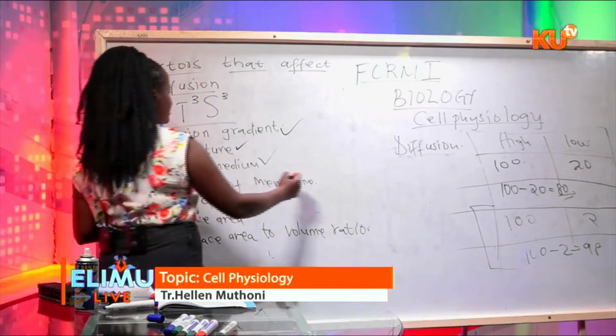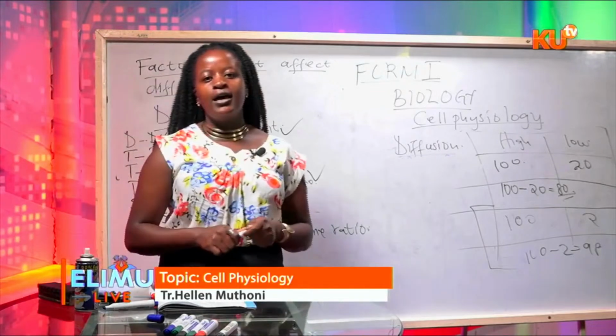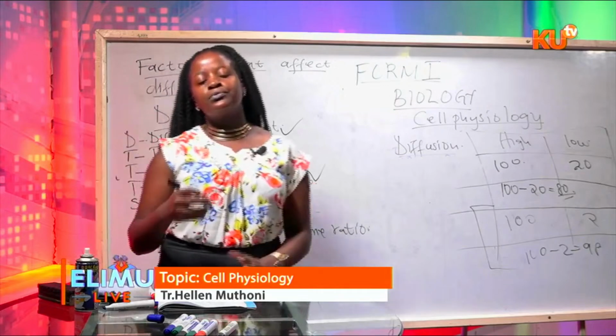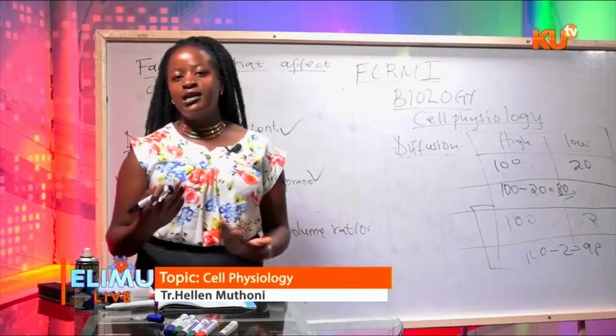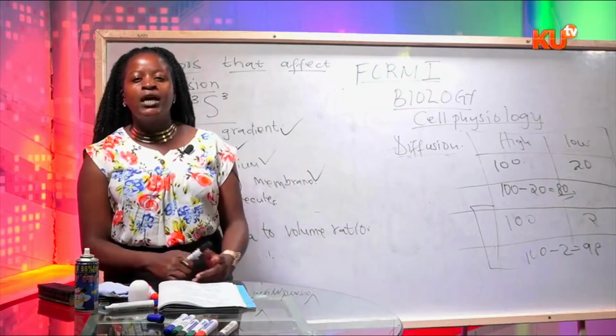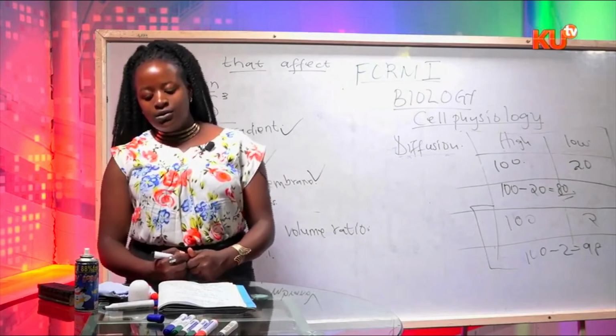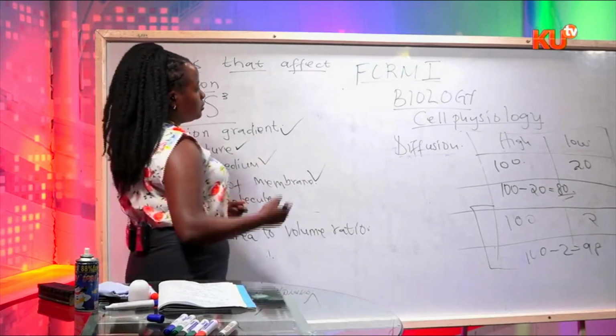The other one is thickness of membrane. Now a membrane, for example, a cell membrane, as we looked at when we were beginning, can either be thick or thin. So we're going to draw two membranes.